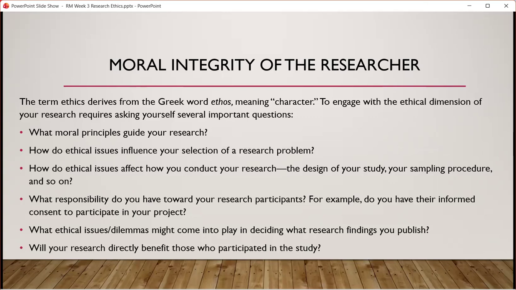When we talk about ethics and ethical research, we really have to start with the researcher, which is the beginning of the research. So the term ethics derives from the Greek word ethos, meaning character. So this is where you engage with the ethical dimension of your research, and it really does require asking yourself several important questions.